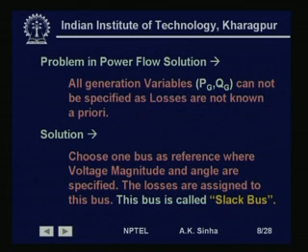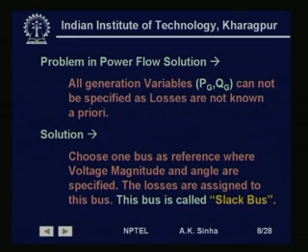To overcome this problem, we choose one bus as a reference bus which takes up all these losses. Since the losses are not known beforehand, we consider one bus which will take up all these losses, which we will find out after the solution. So, at one bus we cannot specify the generation.